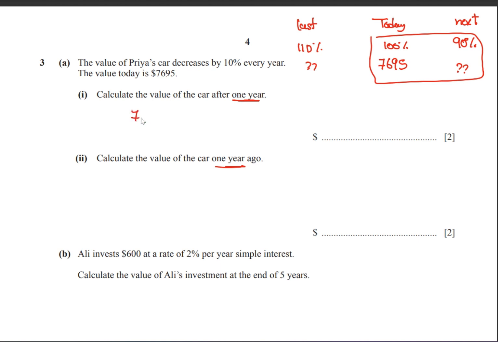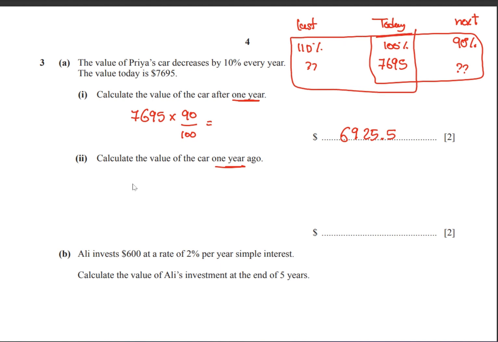So it will be 7,695 multiplied by 90 over 100, which gives 6,925.5. The same for last year: 7,695 multiplied by 110 over 100 gives me 8,550.